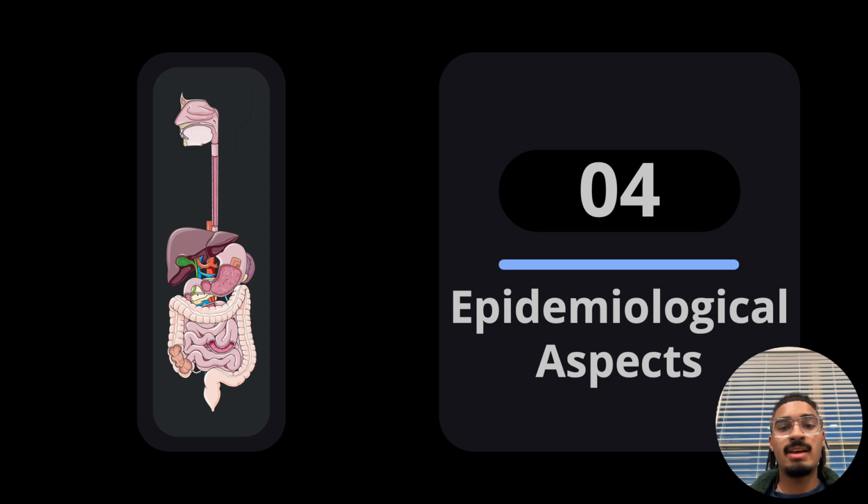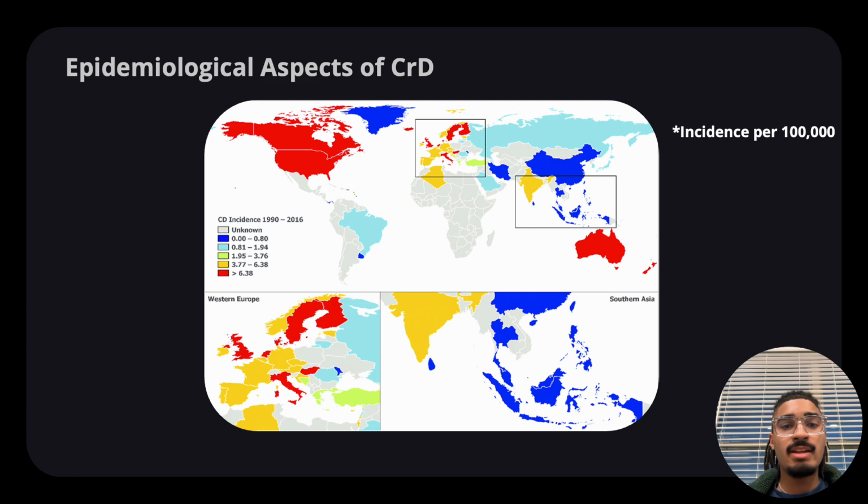Next, I want to discuss the epidemiological aspects of Crohn's disease. And here we have an image of the incidence per 100,000 people of Crohn's disease within certain countries of the world. So in North America, Australia, Italy, Finland, Norway, and the UK, we have an incidence of 6.38 individuals per 100,000, whereas other countries typically have a lower incidence rate.